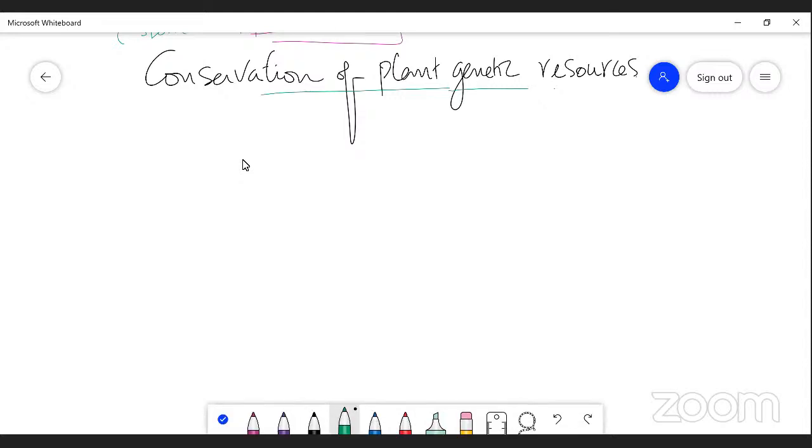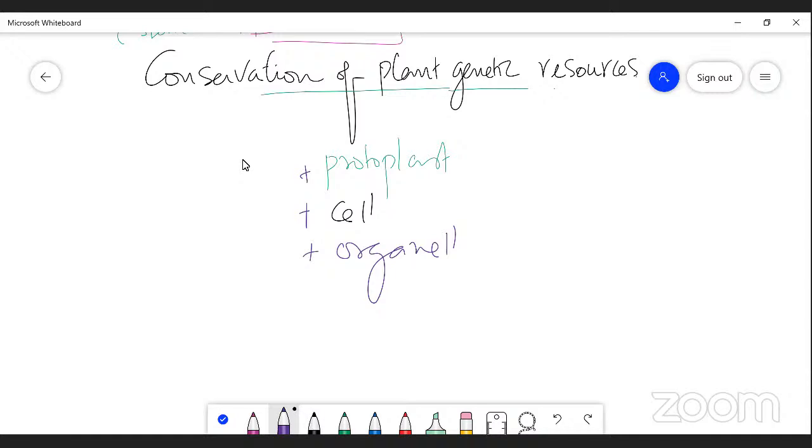First of all, let me introduce: protoplast, cell or organelle, or any other extracellular matrix, and pollen, and one more thing, seed, or any other biological materials which are protected or conserved for future purposes.